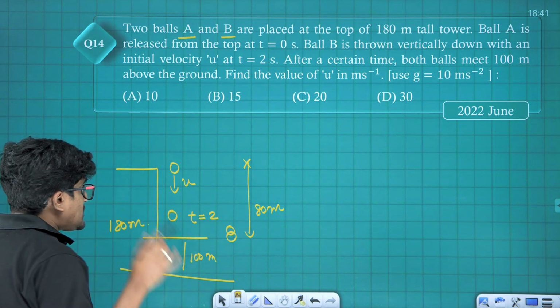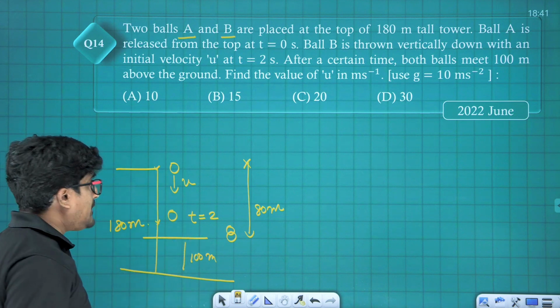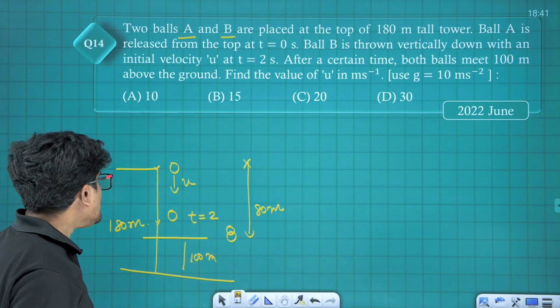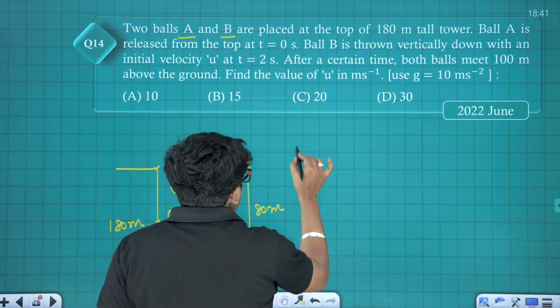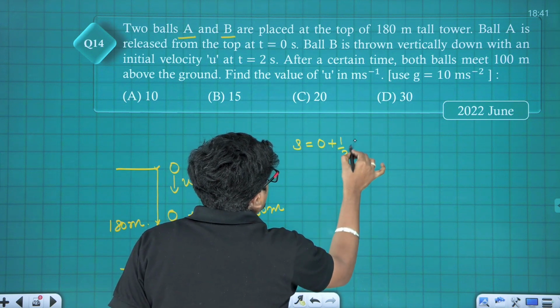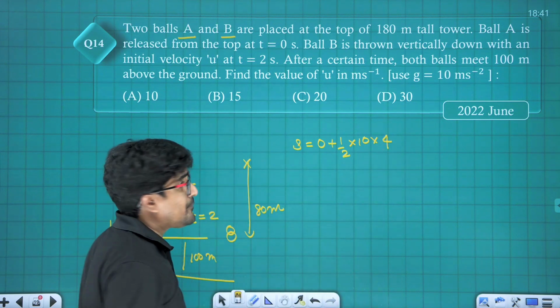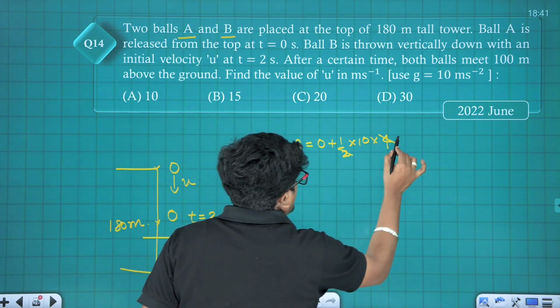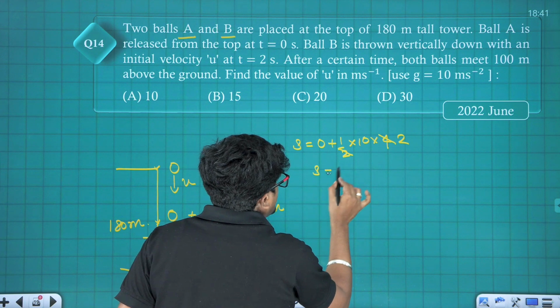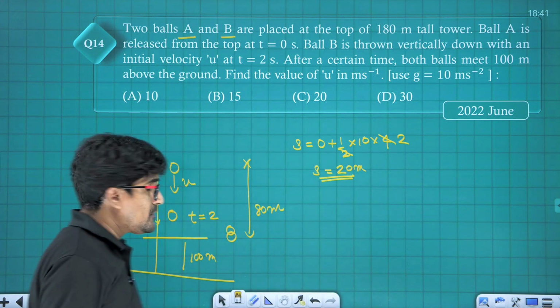So since the first ball was dropped, in the first 2 seconds, I repeat, in the first 2 seconds, it is going to travel a distance of s is equal to 0 plus half of g into t square, that is 4. So of course, it is going to travel a distance of 20 meters.